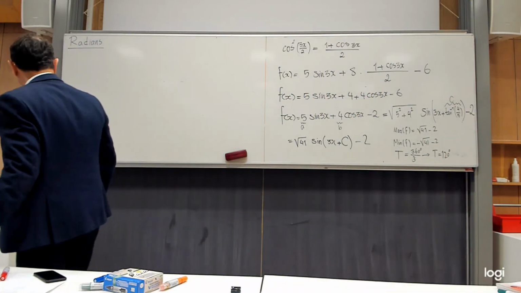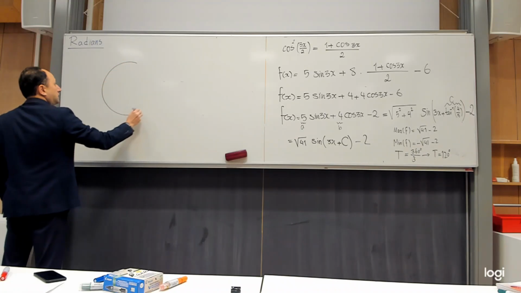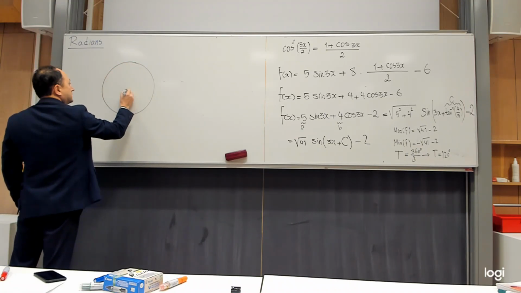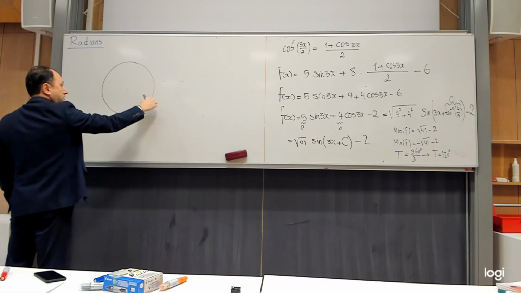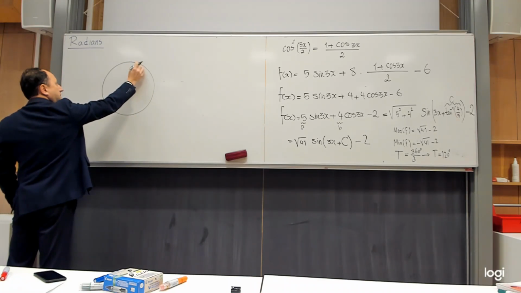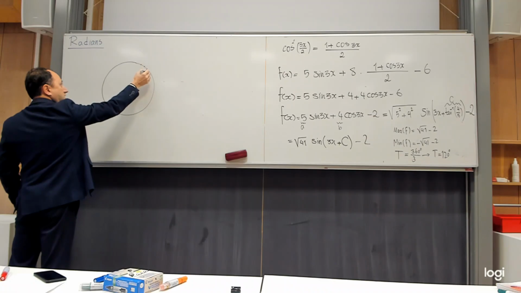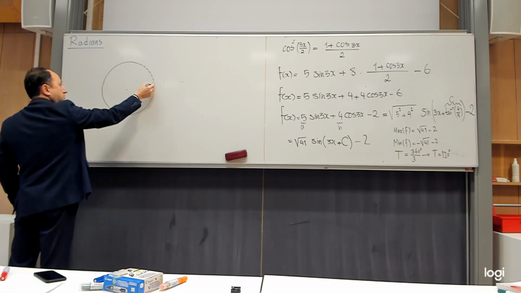So if I want to talk about degrees, here I will take the circumference of my circle and then I divide this into, of course I'm exaggerating, I have to divide this into 360 equal pieces.